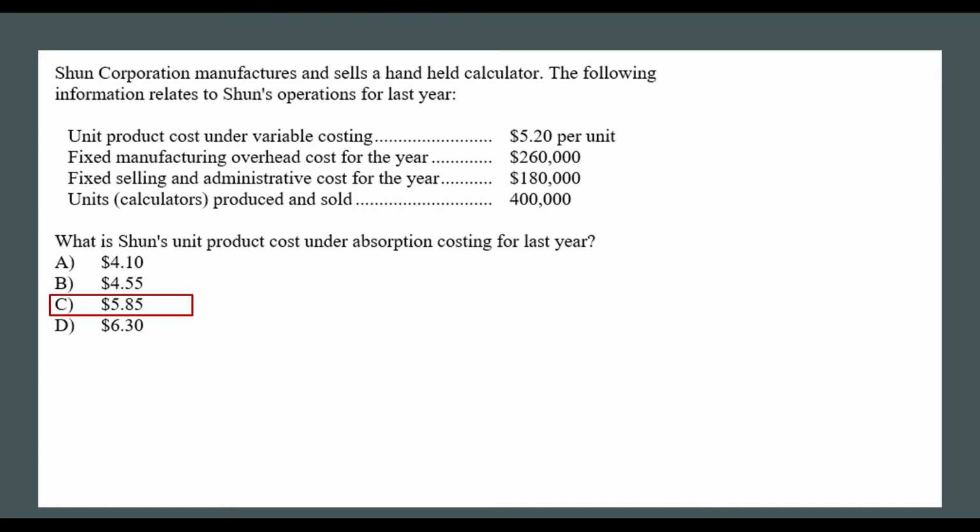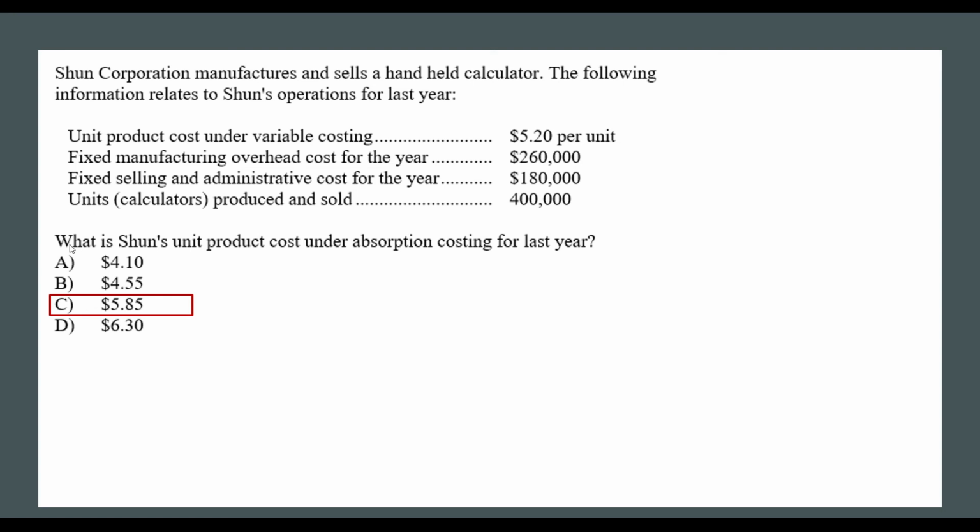So, there is a missing item in the unit product cost elements under variable costing to make it a unit product cost under absorption costing. So what is that element? It is your fixed manufacturing overhead cost. So what do we do with that? We have here your fixed manufacturing overhead cost of $260,000.